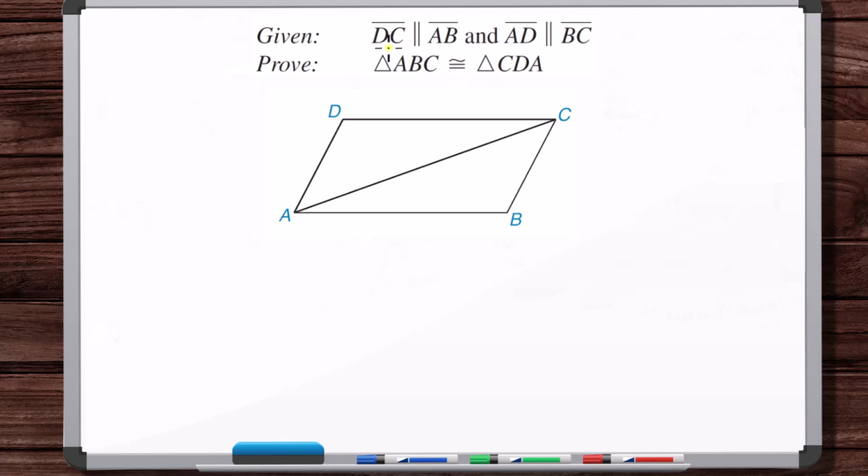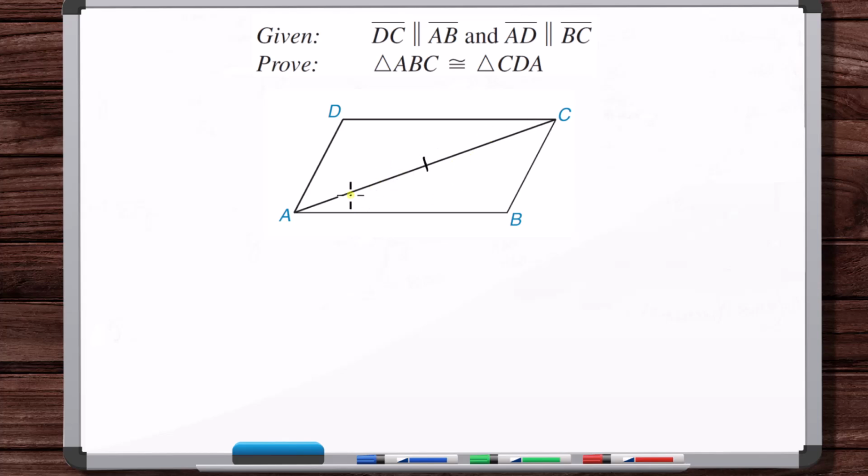Okay. If DC is parallel to AB, and AD is parallel to BC, prove that triangle ABC is congruent to triangle CDA. Interesting. Well, we know that these two sides are congruent, right? It's the same side. Now, DC and AB are parallel, and AD and BC are parallel, and both of these are cut by this transversal AC.